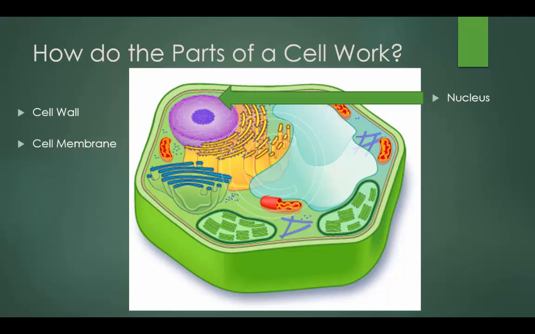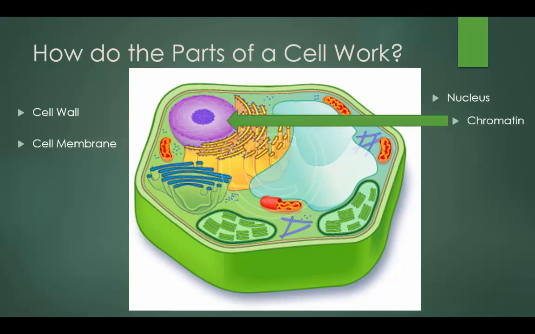The nucleus is surrounded by a membrane called the nuclear envelope. Materials pass in and out of the nucleus through the pores in the nuclear envelope. The material on the inside of the nucleus is called the chromatin.